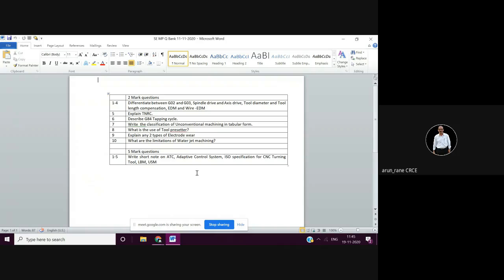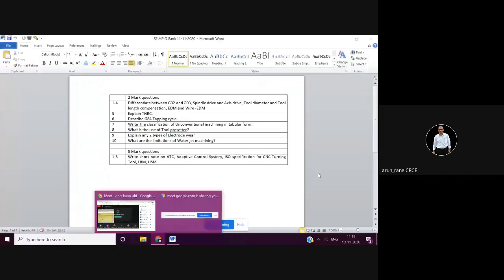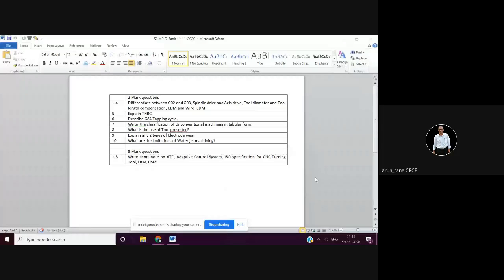Yes. Now again the paper pattern will be exactly as per the guidelines given by the university for the unit test. So I am not violating that. Question one will be 2 mark questions, total 10 marks.